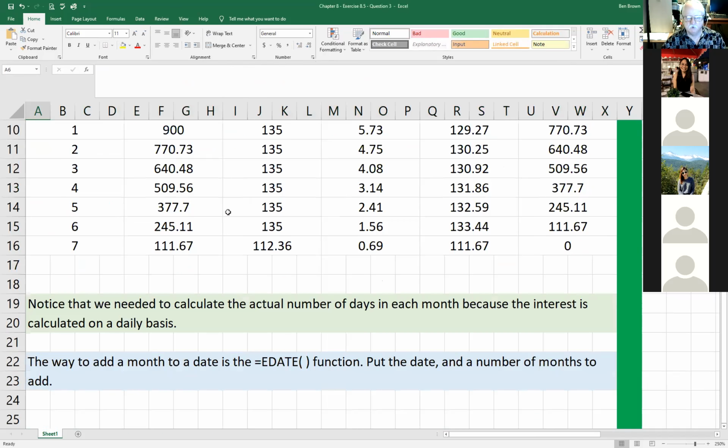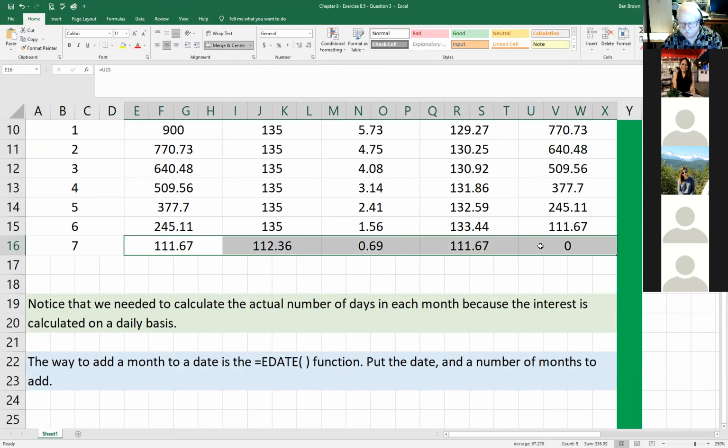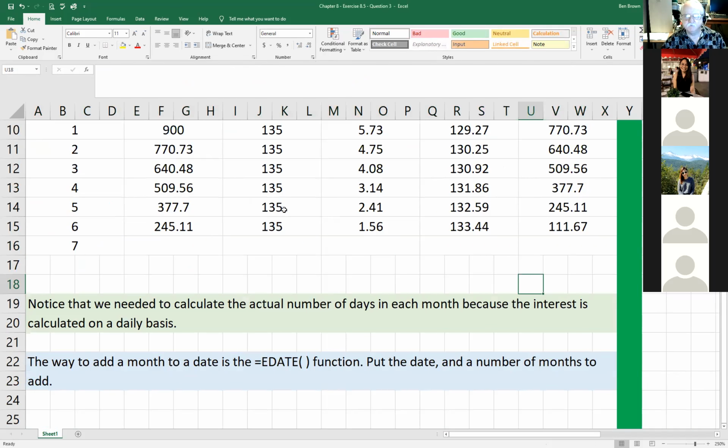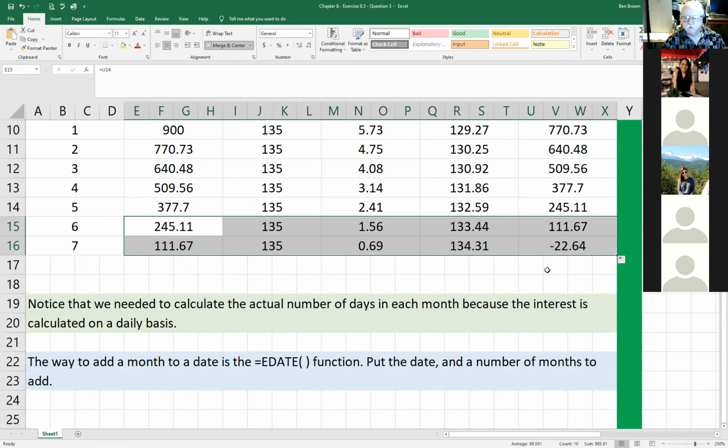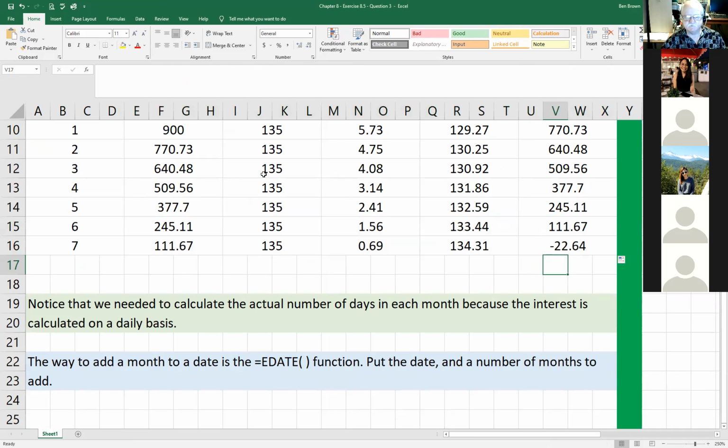So what we knew, let's get rid of this here. If we just copied this down, then what we would find out is if he made another payment of $135, he'd have overpaid by $22.64. So we want this to equal 0.